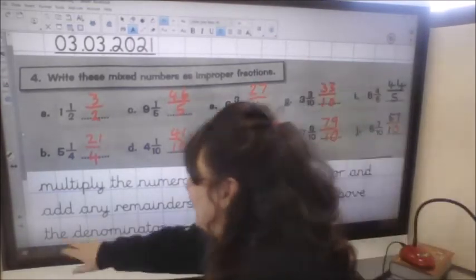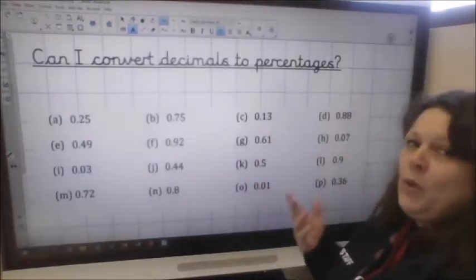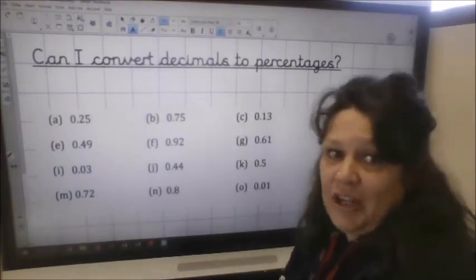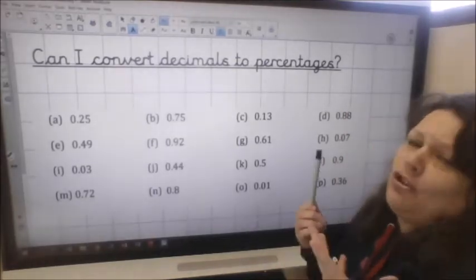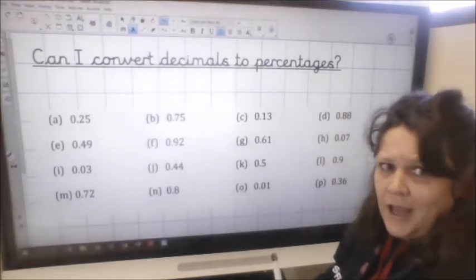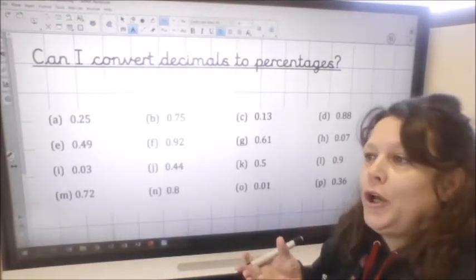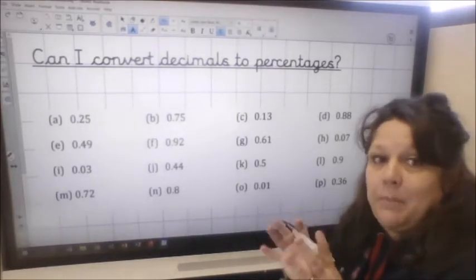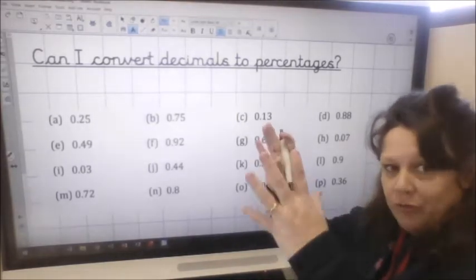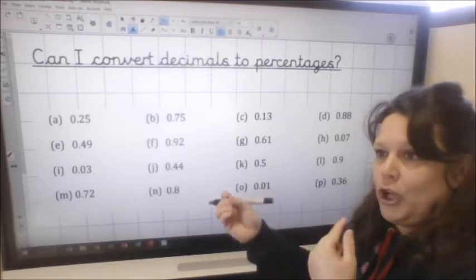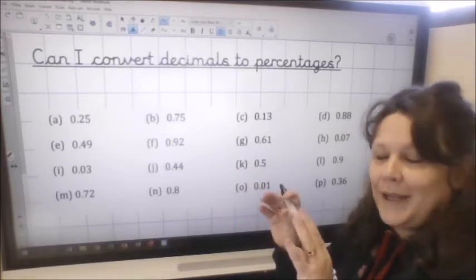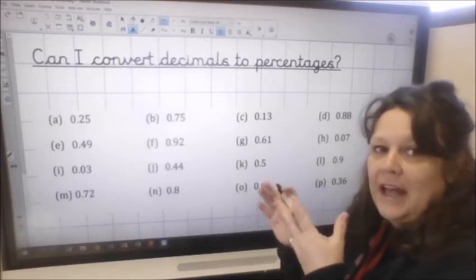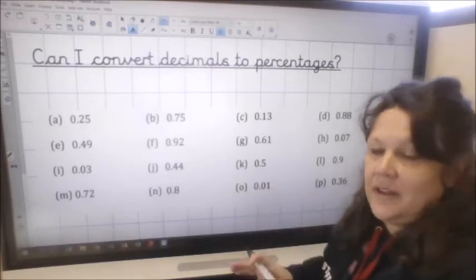I'm sure you have. So, we're having a little look at percentages this week. And yesterday, we were just getting to grips with what a percentage is. You know that percent means out of 100, and you're able to visualize it, work out how many parts are shaded, and calculate what that means as a percentage.